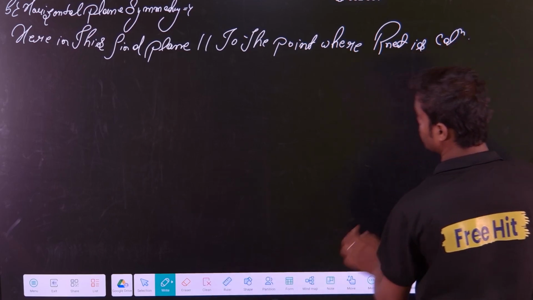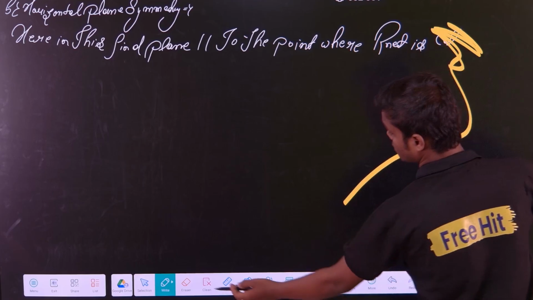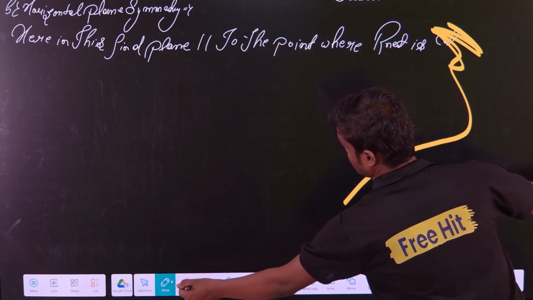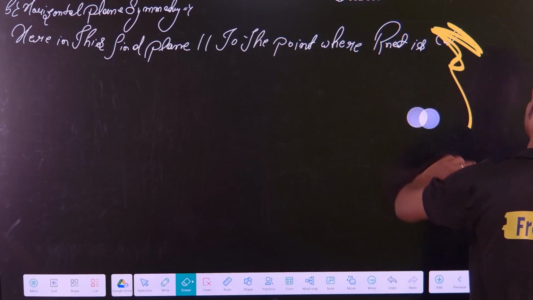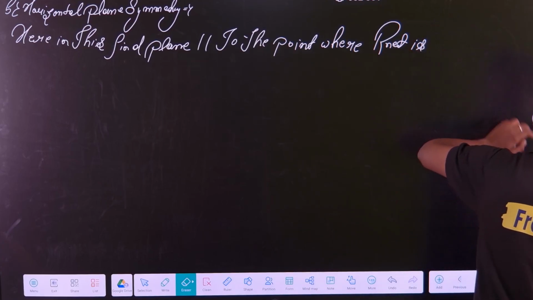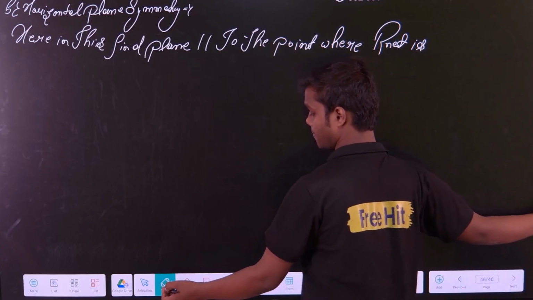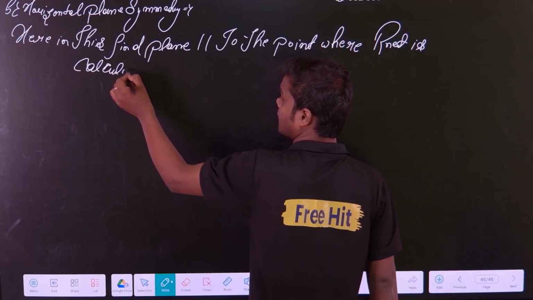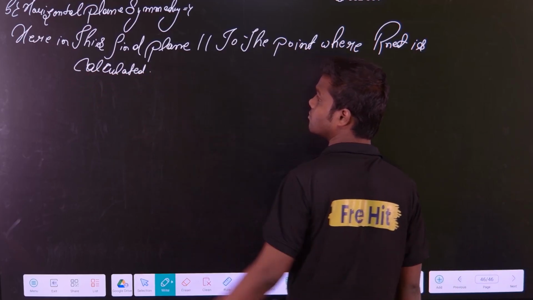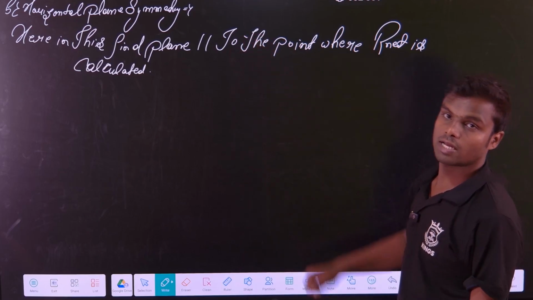Means where you have to calculate R net, just apply here. Clear? There you have to apply horizontal plane symmetry.